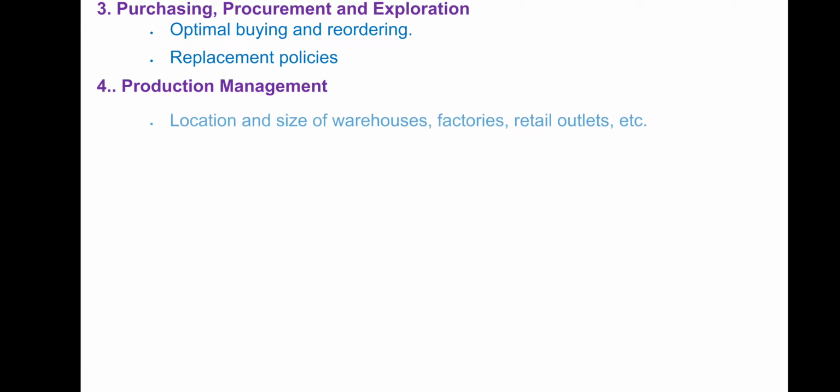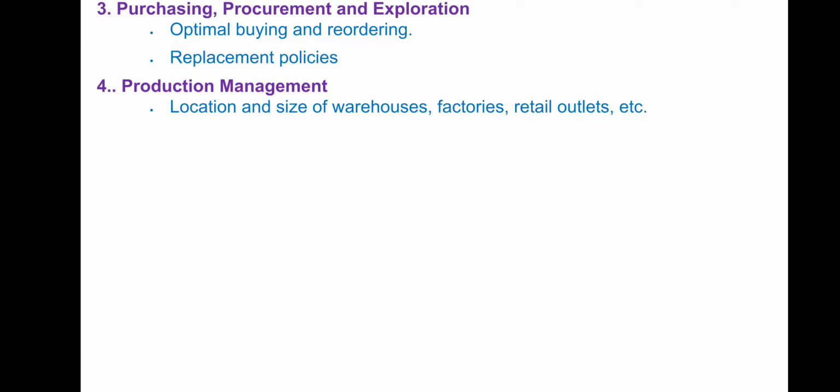Purchasing and procurement: optimal buying and reordering, how much you can buy, how much benefit you will get if you buy, how much will be required, how much you can reorder, replacement policies. Production management: location and size of warehouses, factories, and retail outlets based on the place, either rural, urban, or semi-urban; based on the places, how you can make productions.